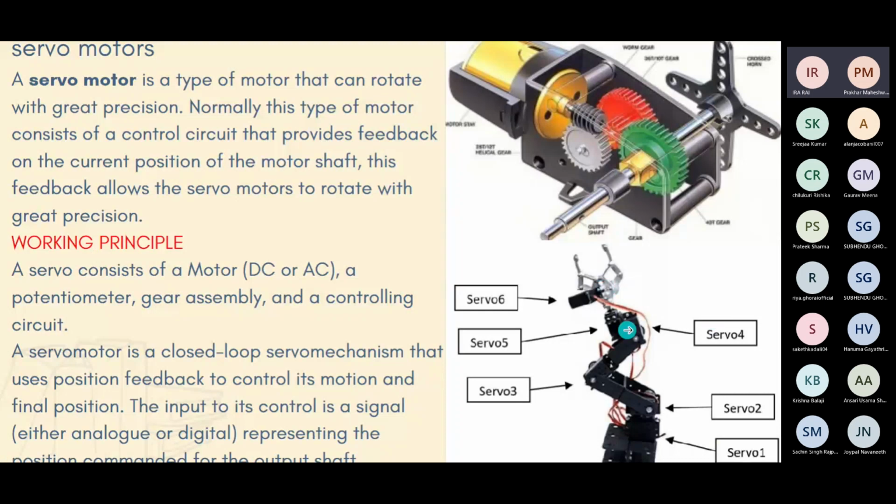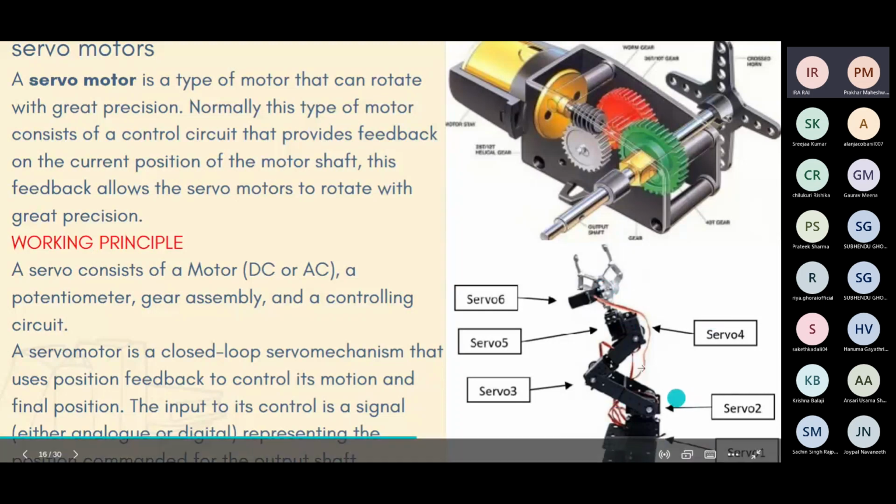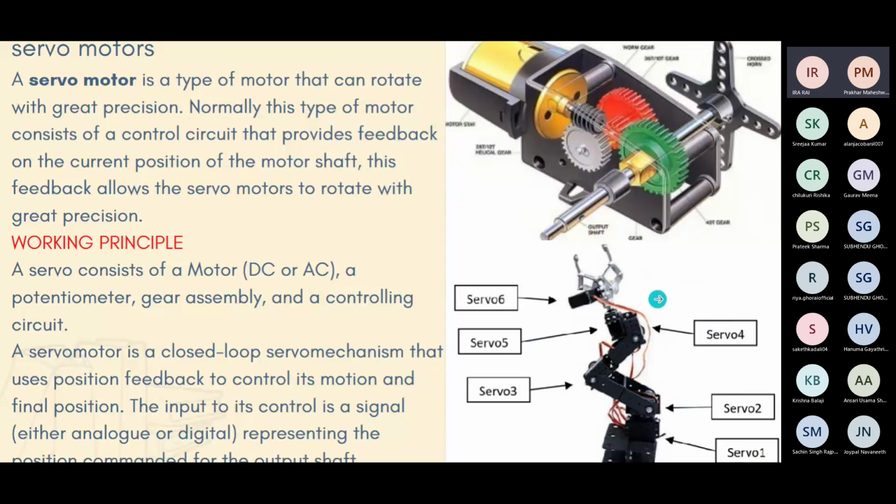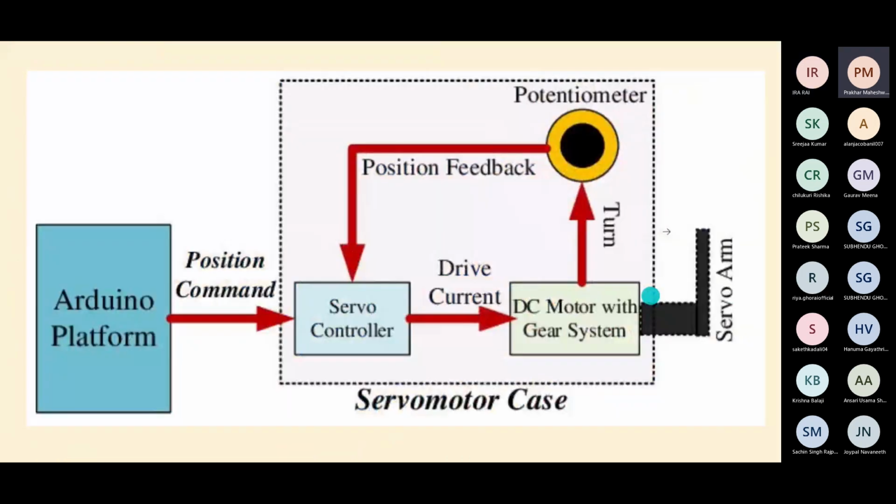So as you can see, this is a robotic arm and we have 6 servo motors working here, one for every rotation of joint. So let's see here. This is the mechanism that I was talking about. So this is a microcontroller. This can be any microcontroller. Arduino is also one kind of microcontroller. So this gives the command, or whatever the code we have uploaded.